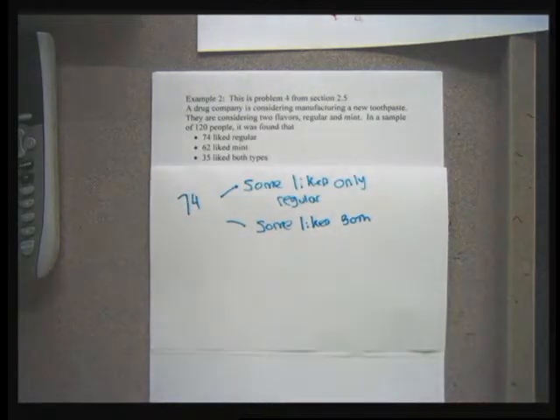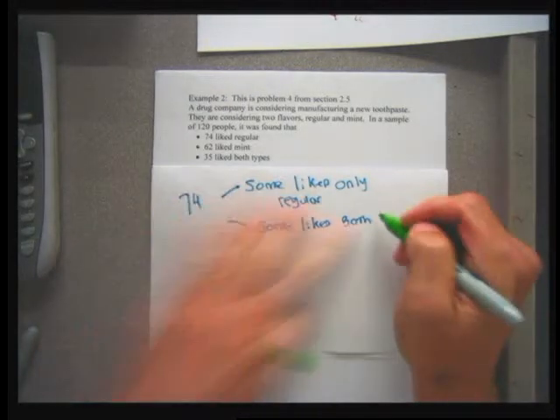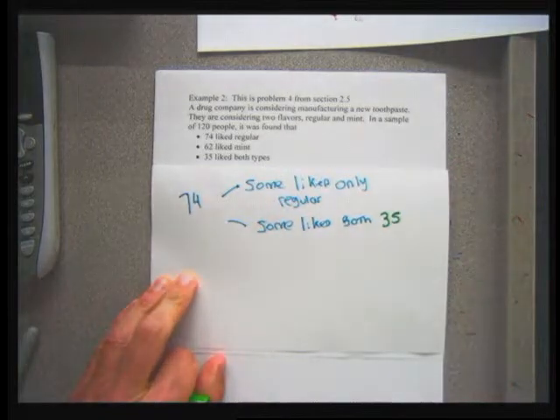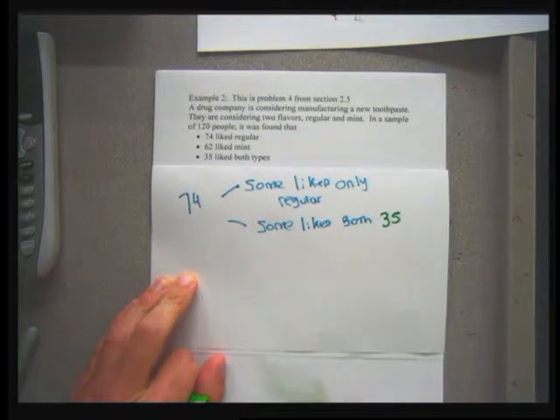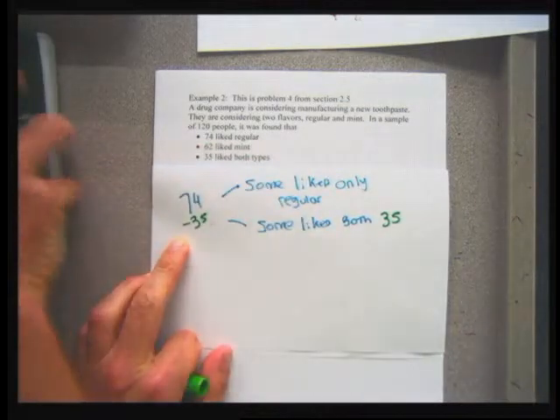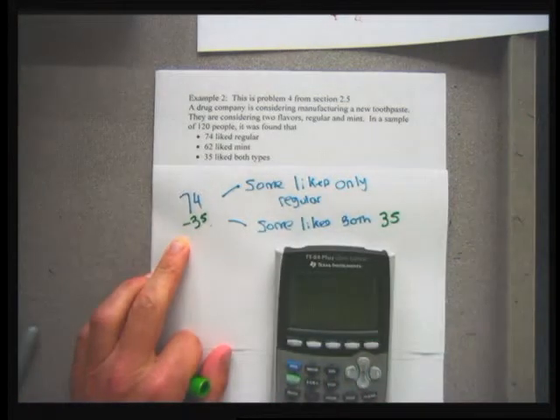That 74 represents people that liked only regular and some that liked regular and mint. Specifically, the author tells me how many liked both. There were 35 people that liked both. So if I subtract the 35 from the 74, 74 minus 35, I get 39 people.